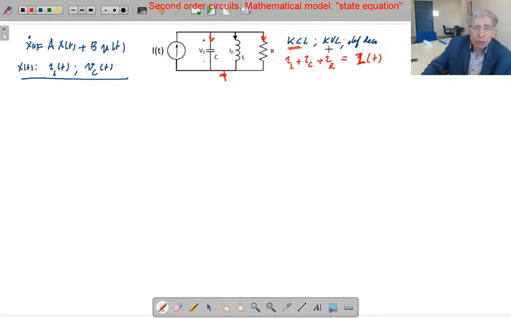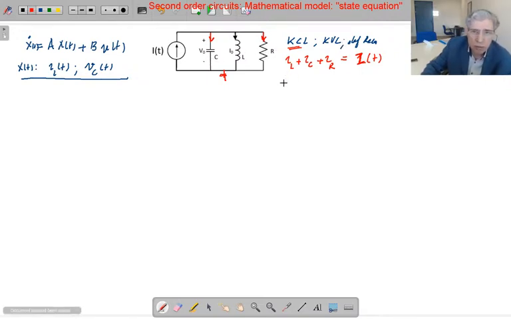What about voltage law? Kirchhoff voltage law equations for this circuit. Since all these elements are connected in parallel, we know that parallel elements' voltages are equal to each other. This is written by using Kirchhoff voltage law equations. So we're going to write 3 equations.